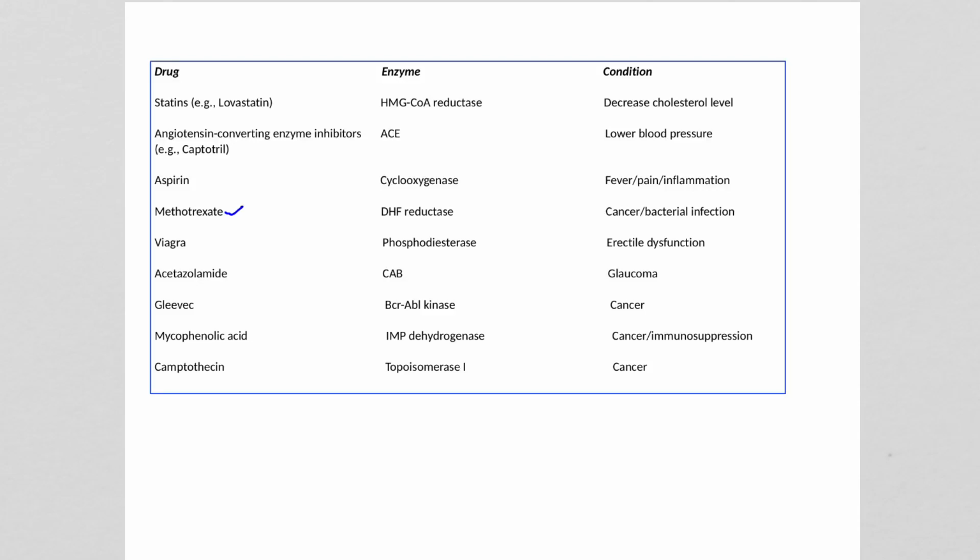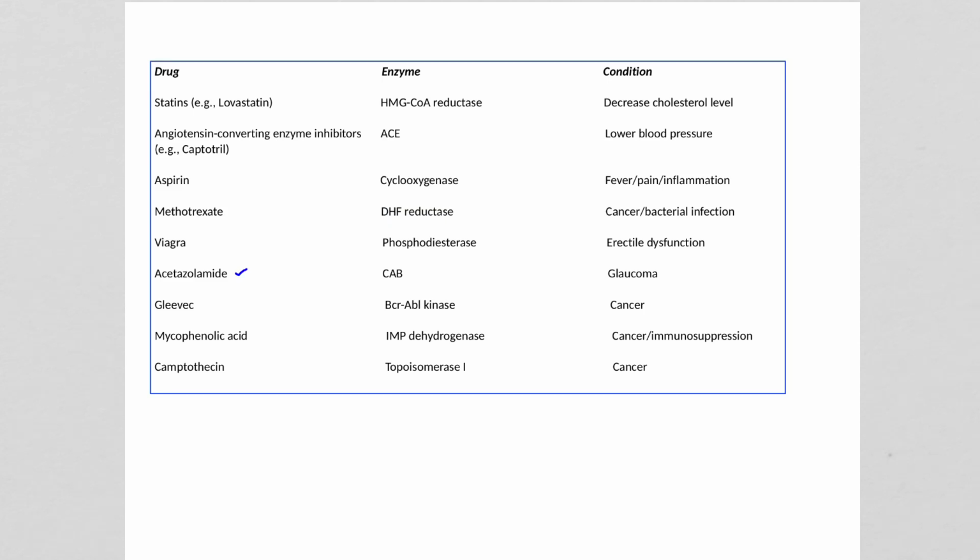Methotrexate is a drug that inhibits the enzyme dihydrofolate reductase, and it is used for cancer as well as for bacterial infection. Viagra is a drug that inhibits the enzyme phosphodiesterase, and that is used for erectile dysfunction.